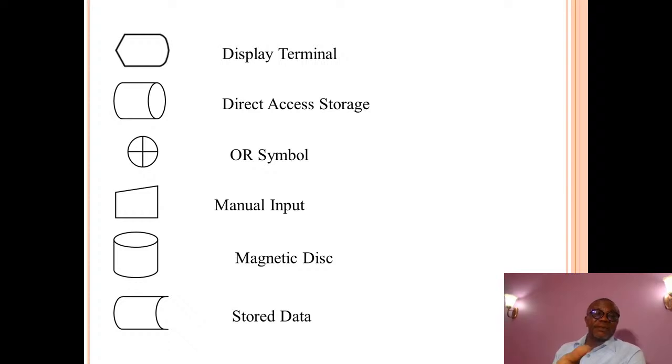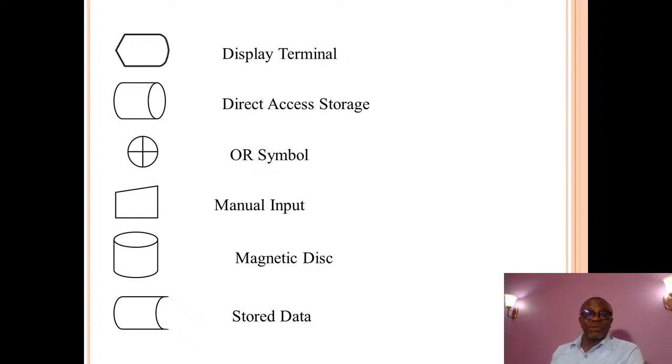For instance, if you want to give manual input, you see the figure there like trapezium. Then circle with cross inside is where you want to do all operation. When we get to do our logic technique, or Boolean algebra, we will see the OR operations.